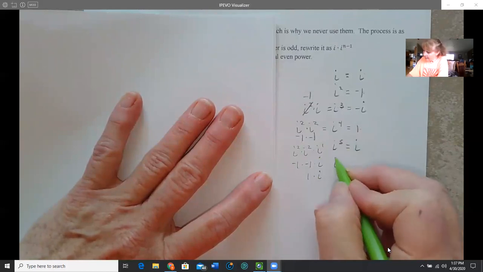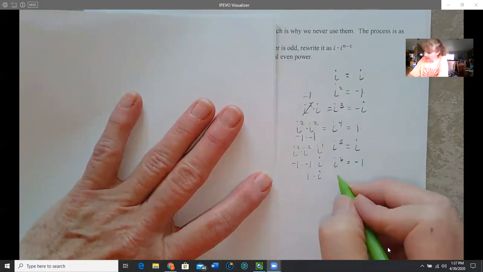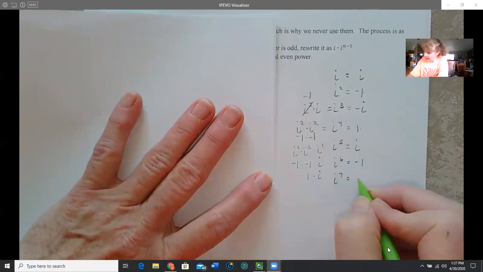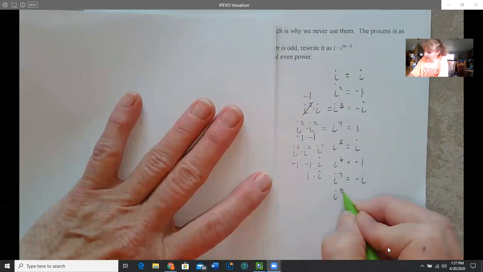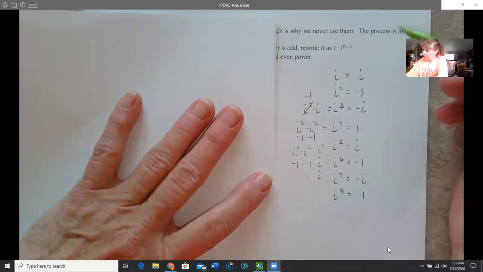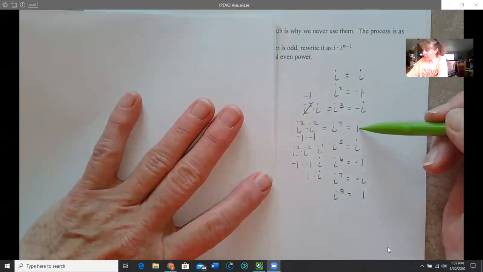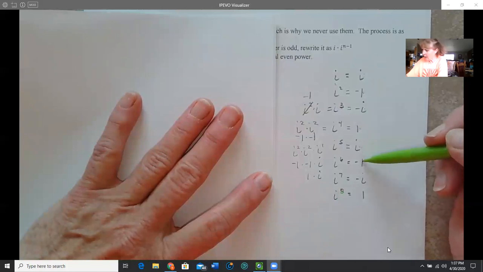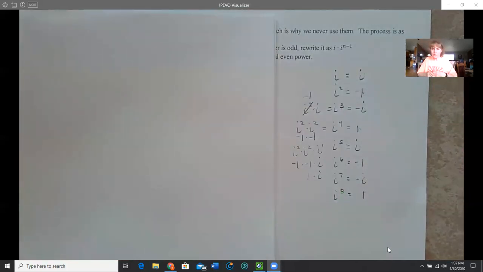And so i to the 6th comes out to be a -1. i to the 7th comes out to be a -i. i to the 8th comes out to be 1. So we have i, -1, -i, 1. i, -1, -i, 1. So there's a pattern here that we're creating.